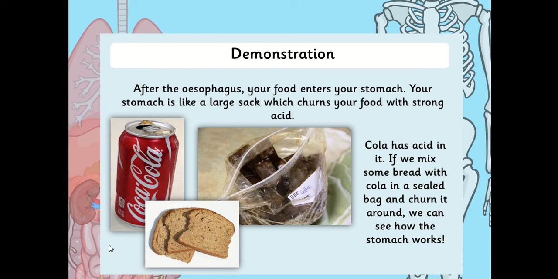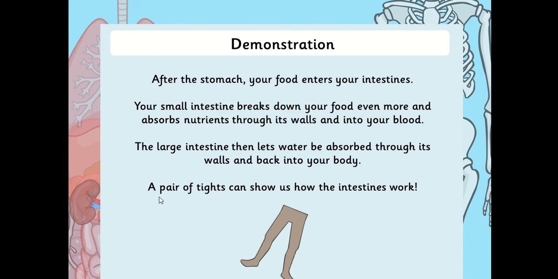So we've gone the mouth, the esophagus, down into the stomach. Now we are going to go to the intestines. After the stomach, your food enters your intestines. Your small intestine breaks down your food even more, and it is here where nutrients, all the good stuff in your food, are absorbed through the walls of the intestines into your blood.